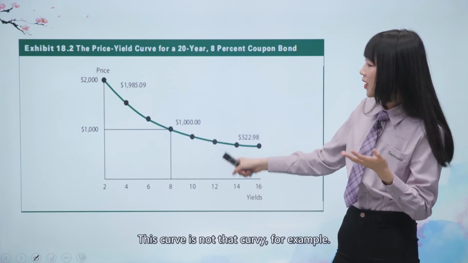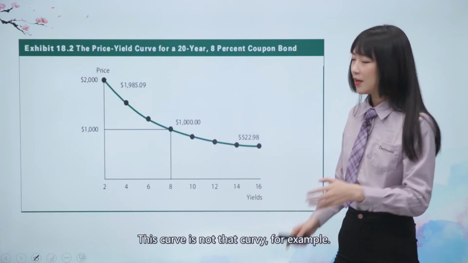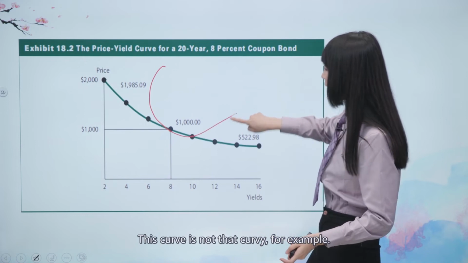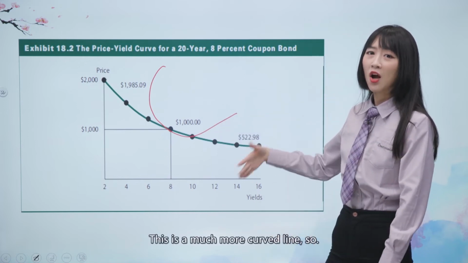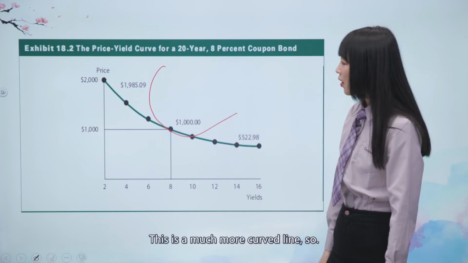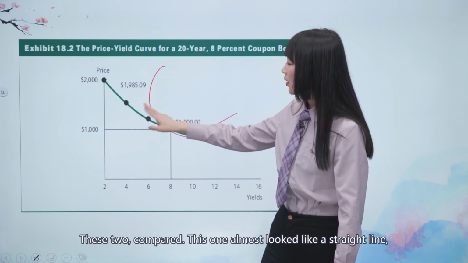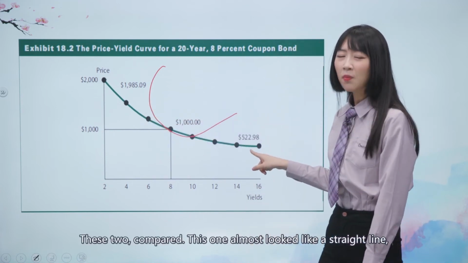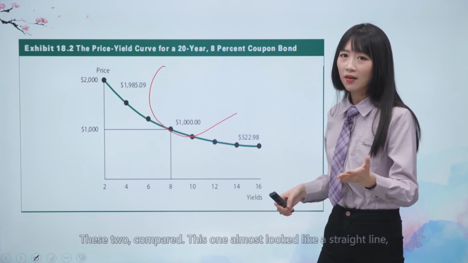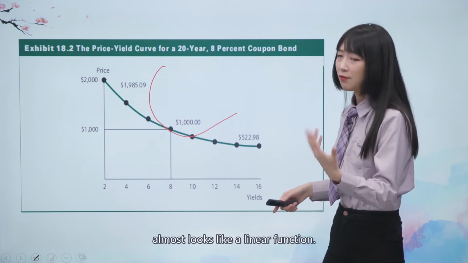This curve is not that curvy. For example, this is a much more curved line. Compared with that, this one almost looks like a straight line, almost like a linear function.